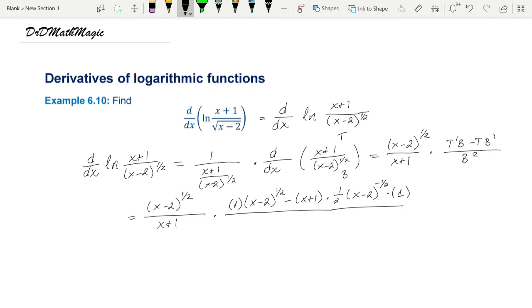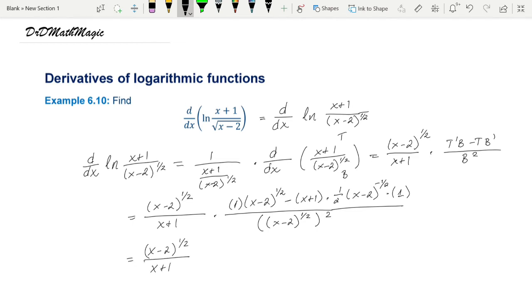And then all of that divided by my original denominator, which was x minus 2 to the power 1/2, and then all of that squared. Okay, so here's the derivative. This is the answer to our question, but that looks nasty. So we will try to simplify it.